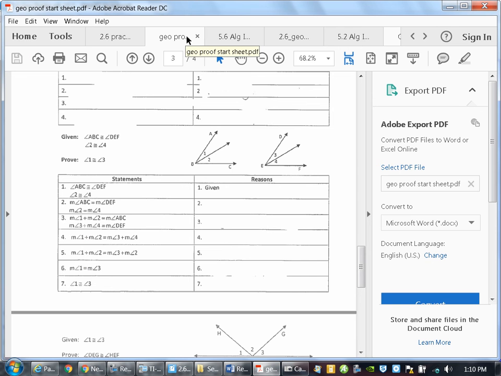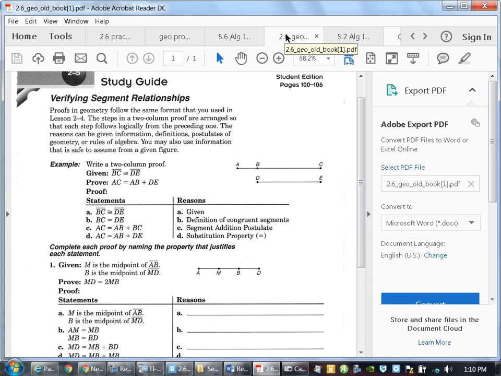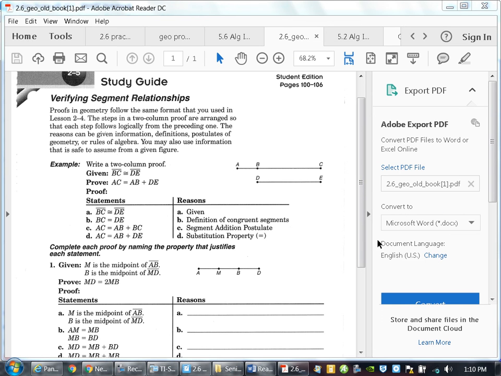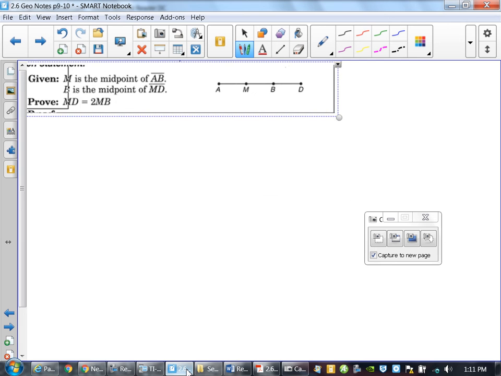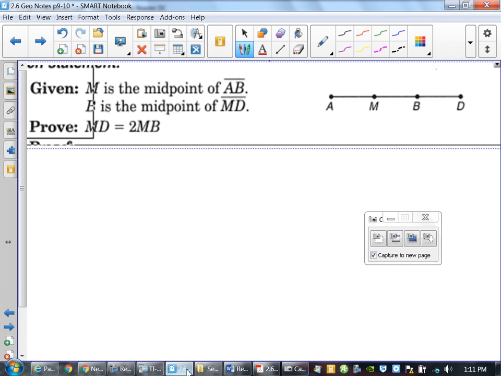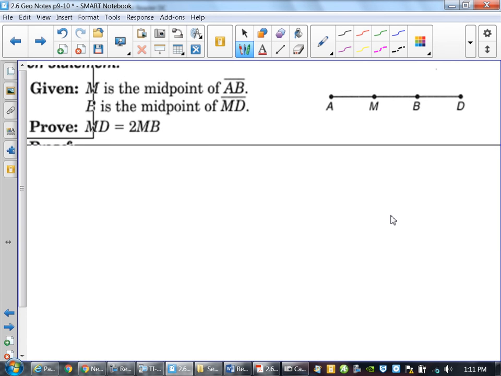Let's try this one. Midpoints. This was the very first progression that we wrote down. Go ahead and write that down, and let's get our diagram drawn up, and we'll go from there.